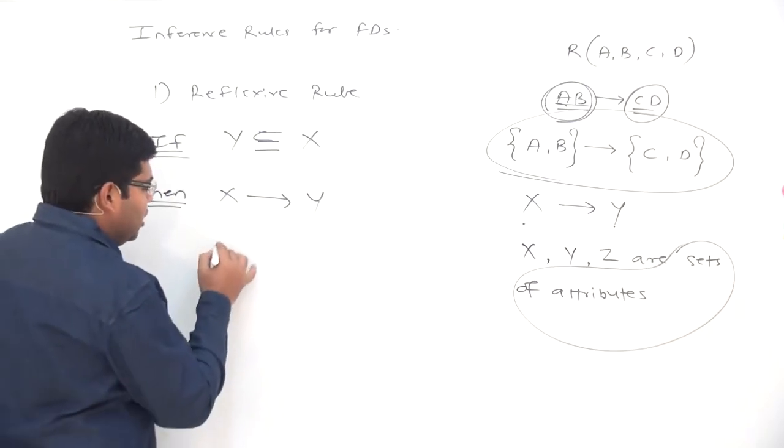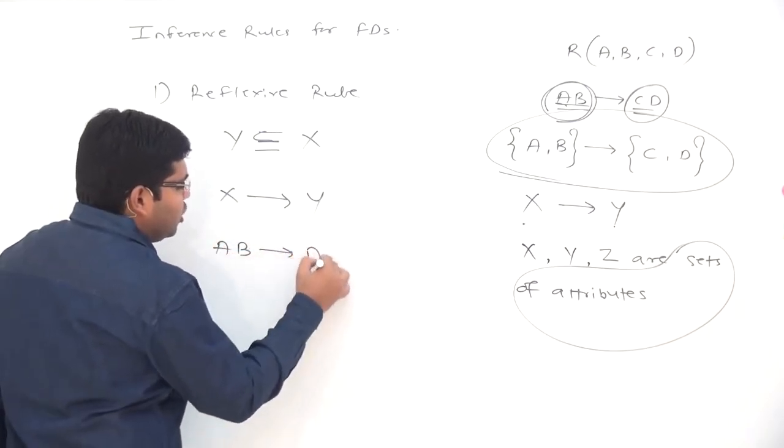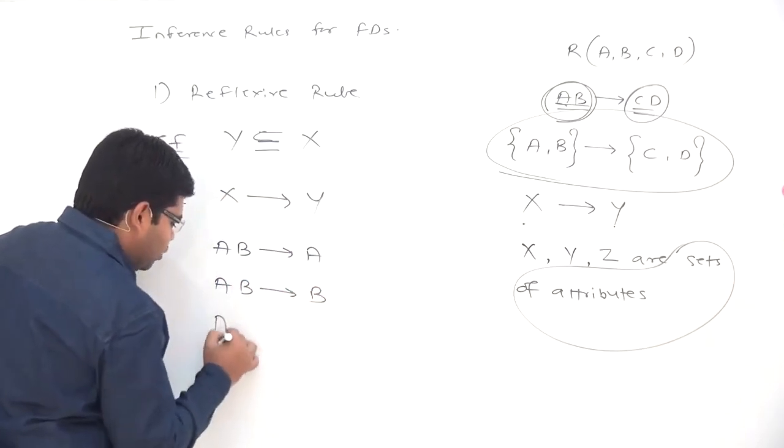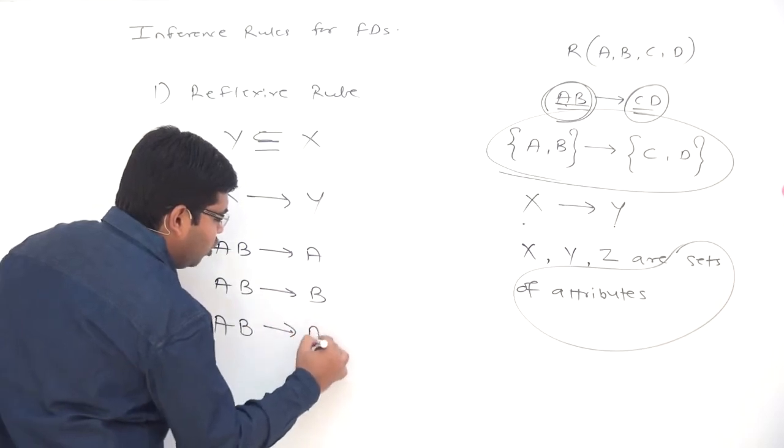For example, you can always say AB gives the value of A, you can always say AB gives the value of B, and you can always say AB gives the value of AB.